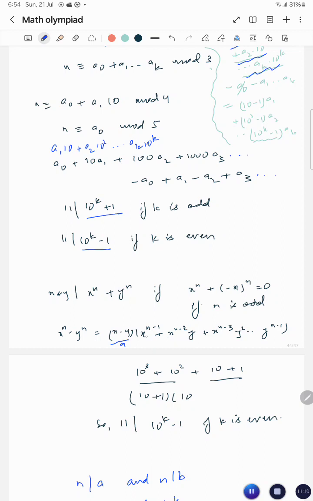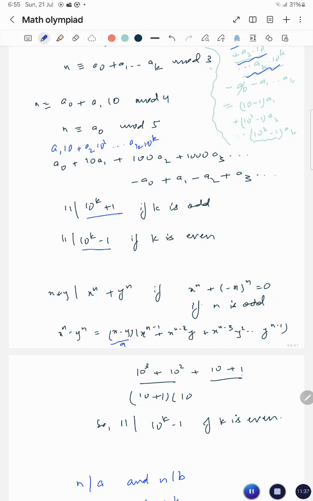So it is 10 to the power n minus 1 plus 10 to the power n minus 2 and so on, plus 1. Because n minus 1 is odd, we'll have an even number of terms here, which can be paired. The consecutive terms can be paired.